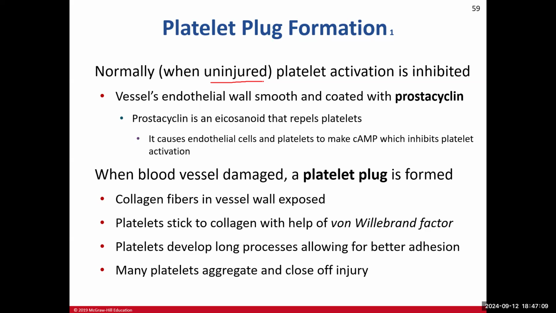Maybe not. It's an eicosanoid, a locally acting hormone. It's releasing this chemical, and it literally coats the cell and makes it slippery, non-sticky, because we don't want stuff sticking onto the vessel walls.